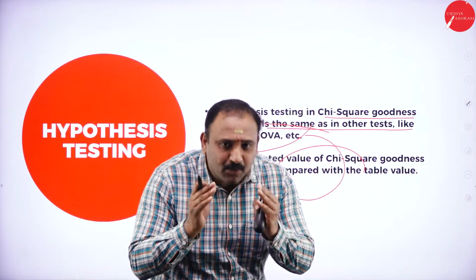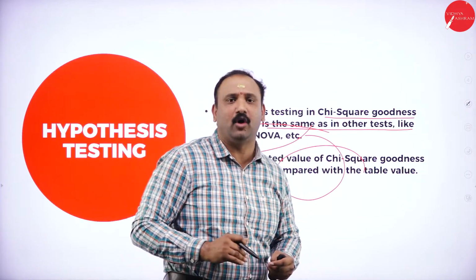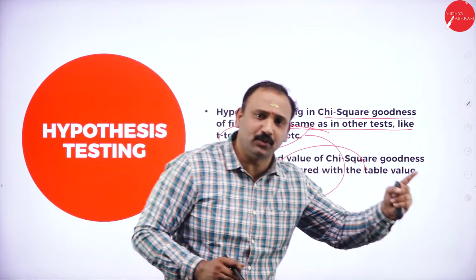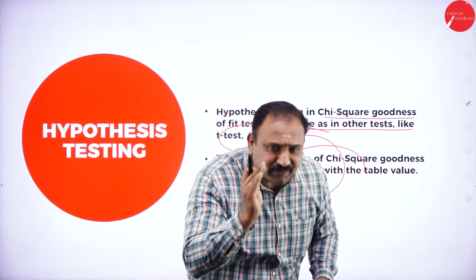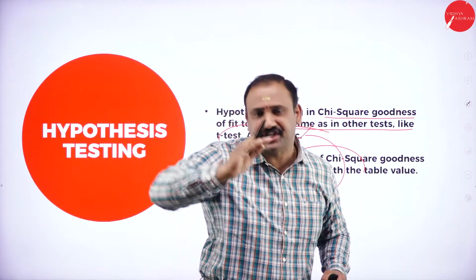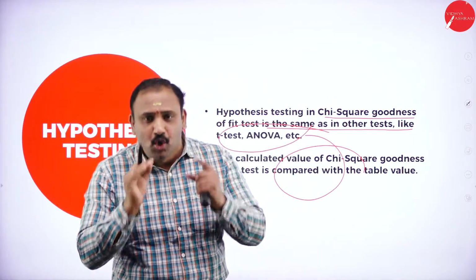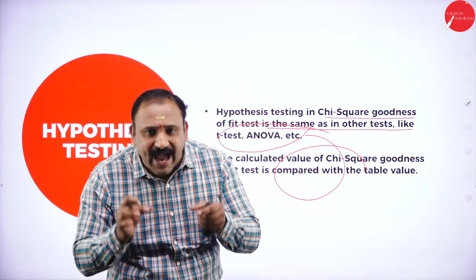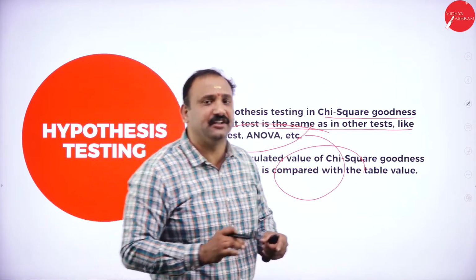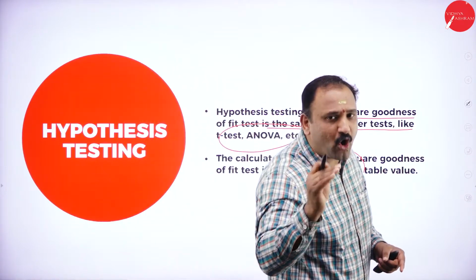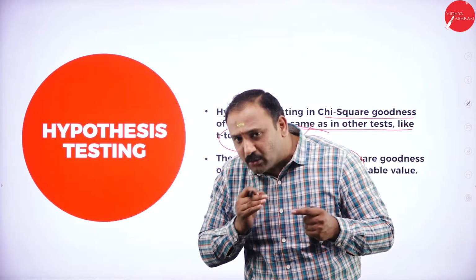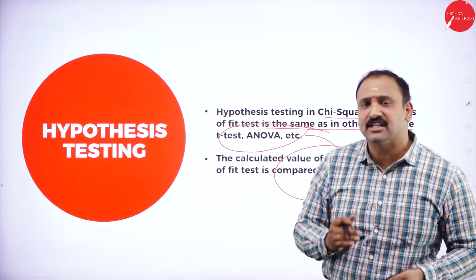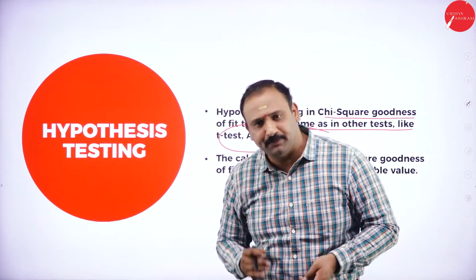That's exactly where the chi-square goodness of fit also comes in: the observed value and the expected value. When there is a difference between observation and expectation, you will come to know the real gap found inside the research. Research will always instigate you to find out the truth, to find out the gap, and that's where the chi-square is going to be of great help to you.